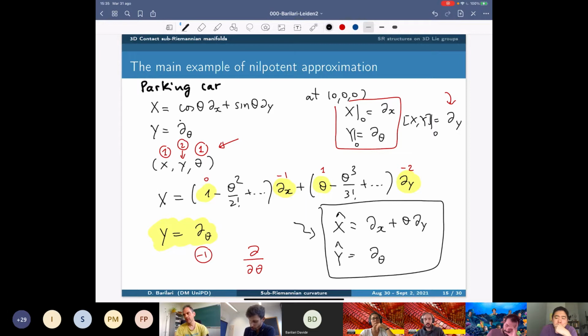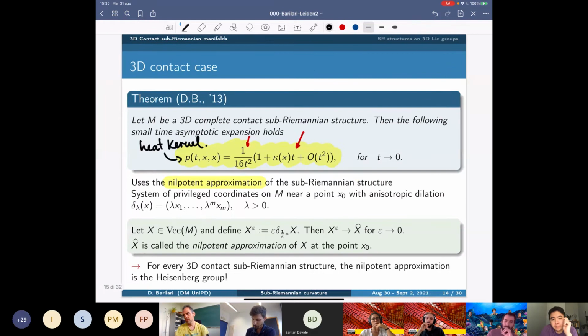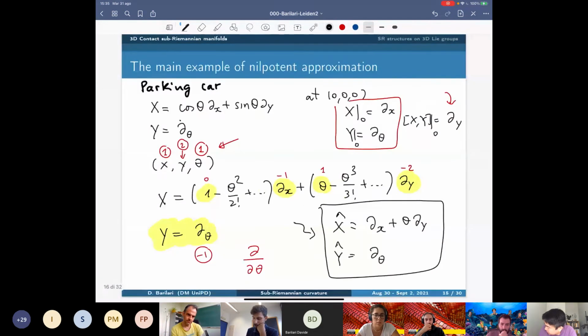So this is just to explain how this technique of nilpotent approximation permits to write down, locally, a contact Sub-Riemannian structure as a perturbation of the Heisenberg one. Because indeed, if you take any three-dimensional contact structure and you do this kind of blow up, then you end up with the Heisenberg group.